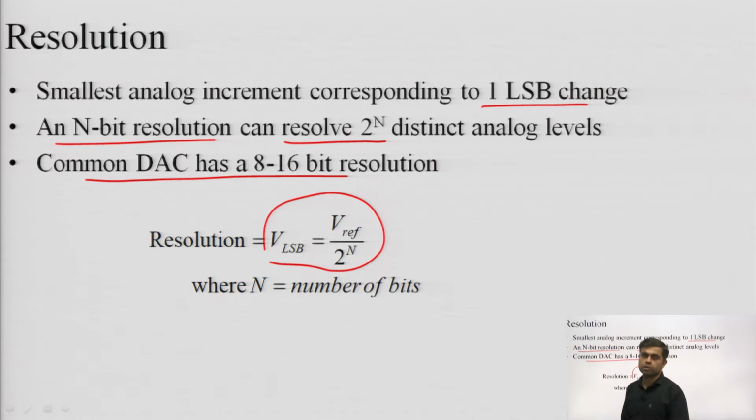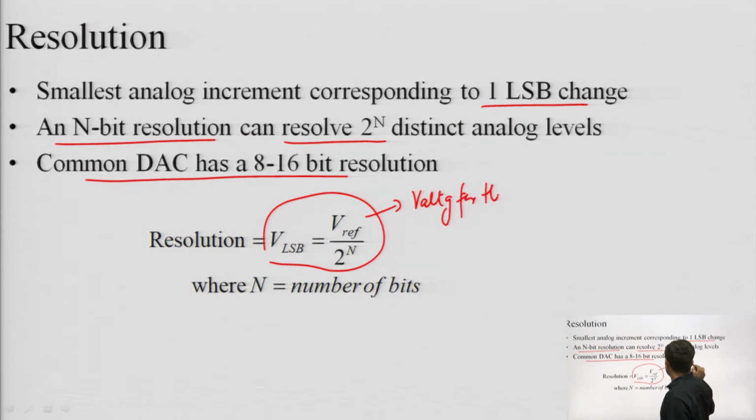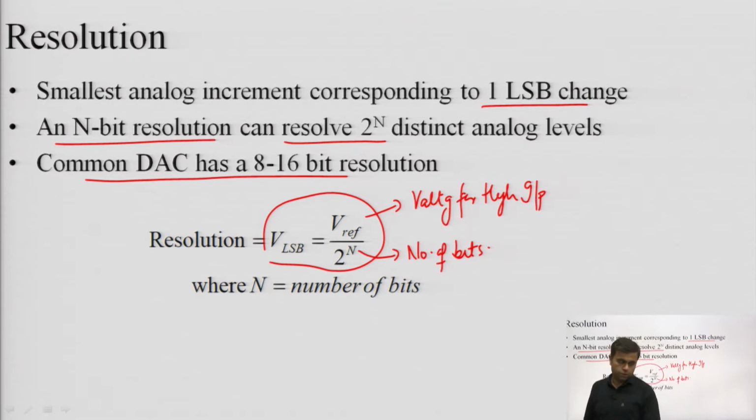Vref is the reference voltage, which is the voltage for a high input, since 1 means high. Here n is the number of bits. So this is the formula for resolution.